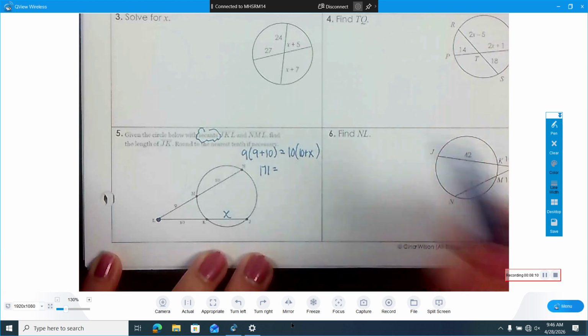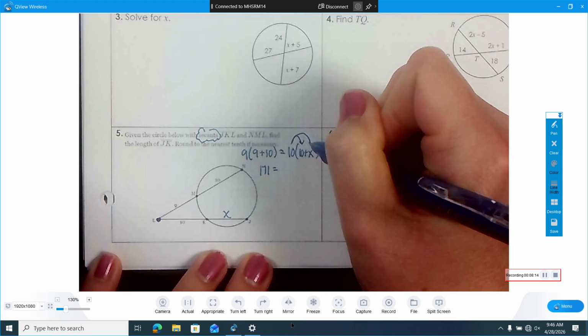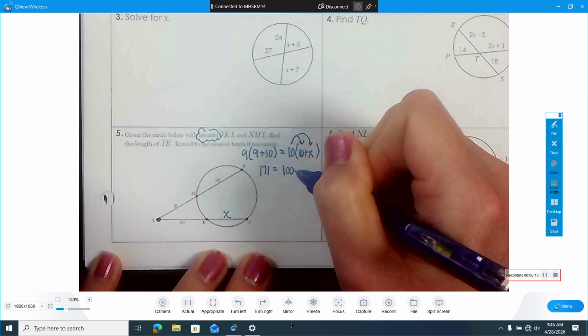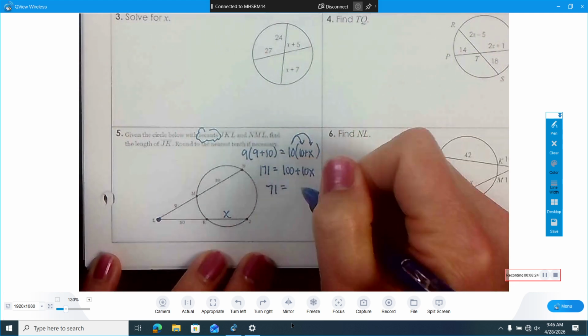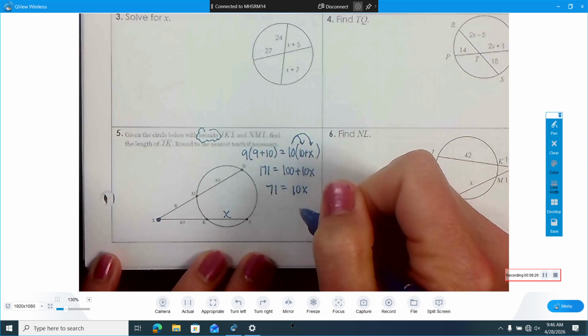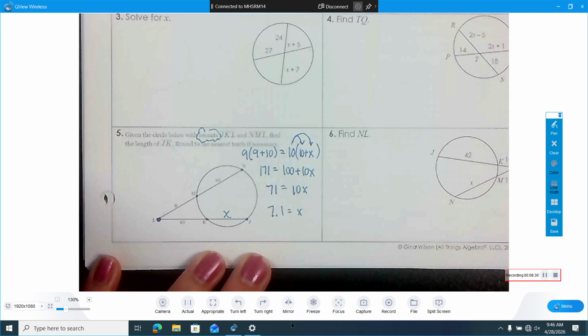What do I have to do on the right-hand side? Distribute. So that's going to be 100 plus 10x. And then what should we do? Subtract 100. So 71 equals 10x. Divide by 10, we get 7.1. That's math I can do in my head.